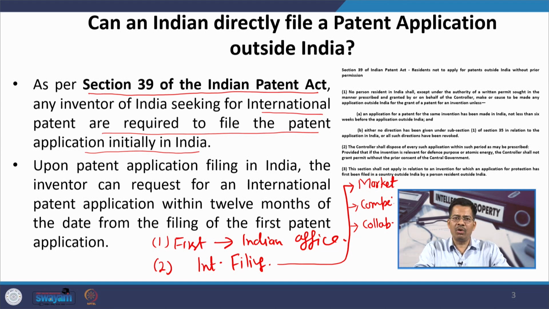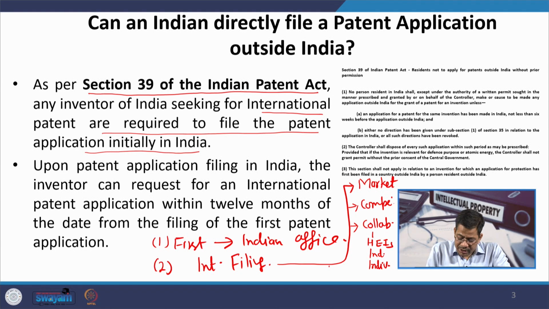These collaborators can be HEIs, industry, or individuals also. I am very sure that most of the foreign filing from research, R&D, and educational institutions in India happens only because of foreign collaborators. So availability of the collaborator again becomes a very important thing.